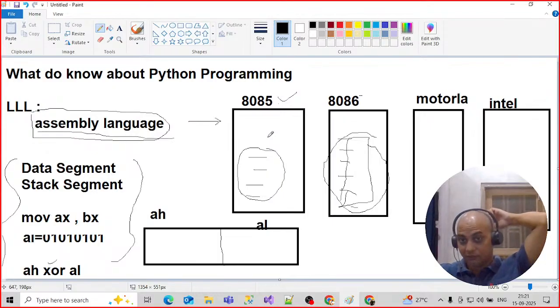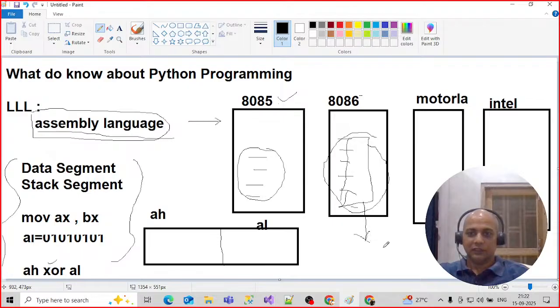That means if we used registers and structure and microprocessor type, everything, and we wrote a program, then this program could be executed only on this machine. The machine for which this program was written, the program can only be executed on that machine.